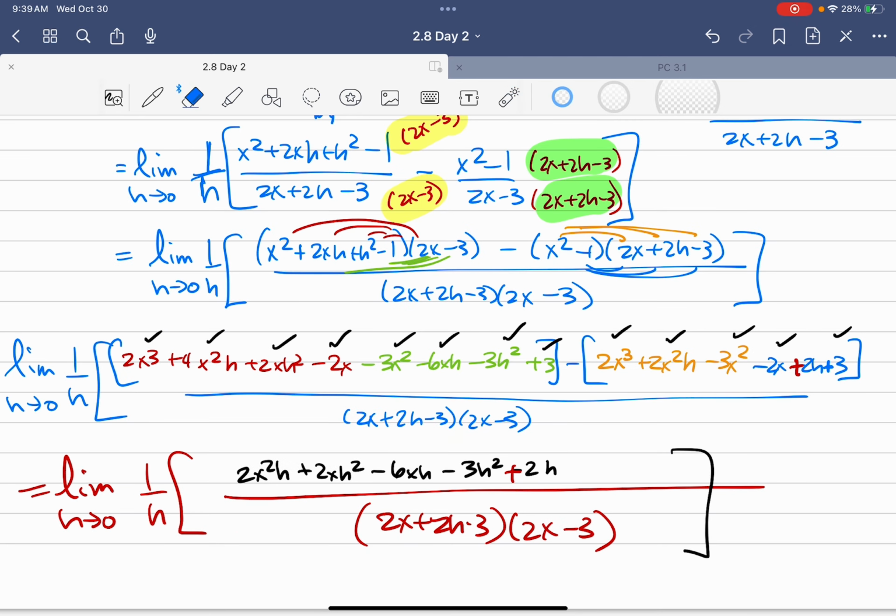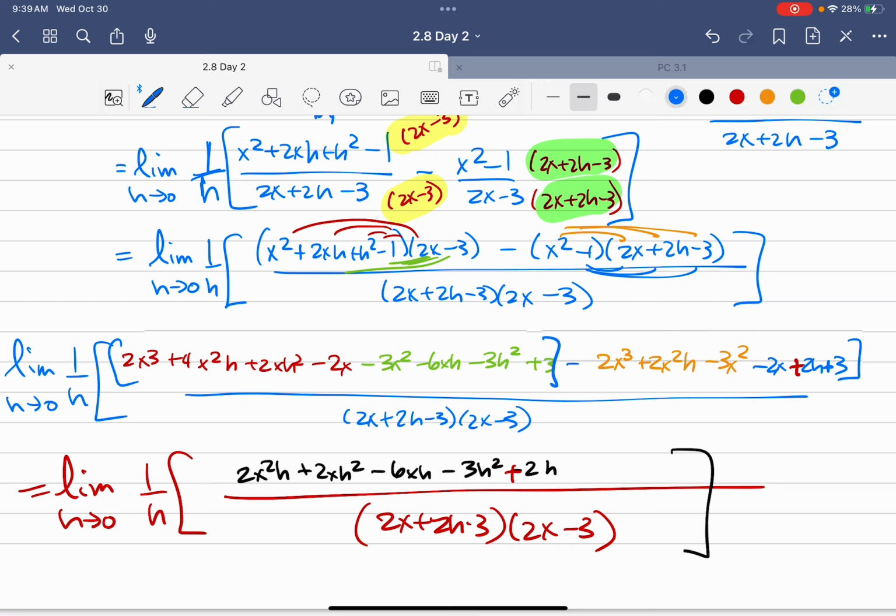And then we just need to see how these terms combine together. So let's carefully go through it. Do you see that the 2x cubed and the 2x cubed cancel out? Then the 4x squared h and the minus 2x squared h give me this.